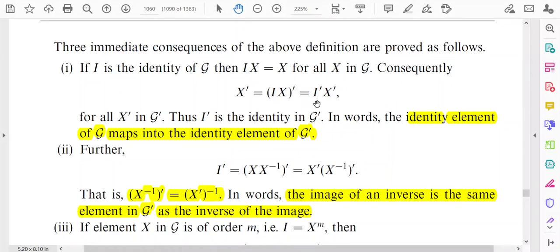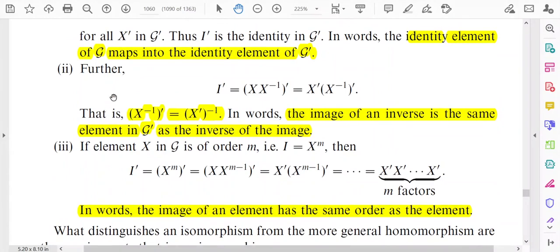Because if you multiply I' with x', any element in G', it gives x', similar to Ix is equal to x in G. In a similar way we can show that I'x' is equal to x'. As I'x' is equal to x', the identity element of G maps into the identity element of G'. That is, if I is the identity element in G, the corresponding identity element will be I' for the group G'.